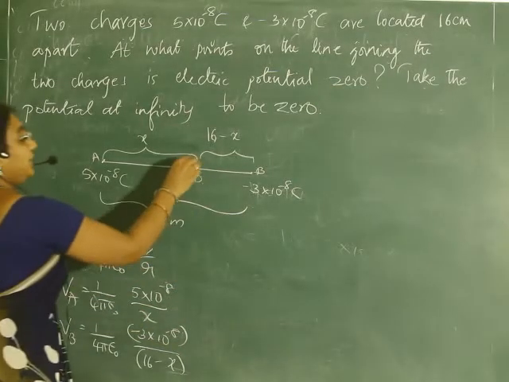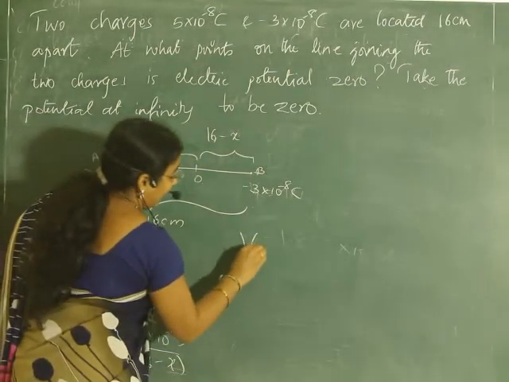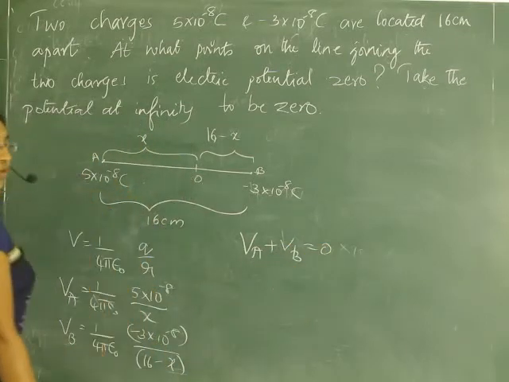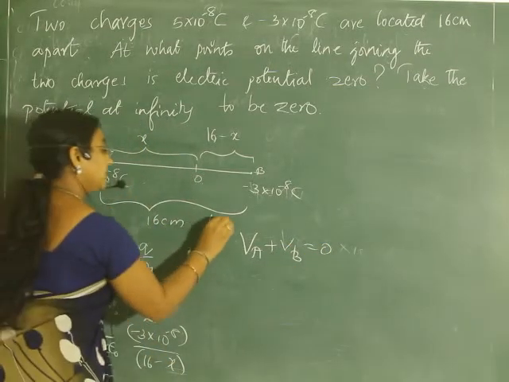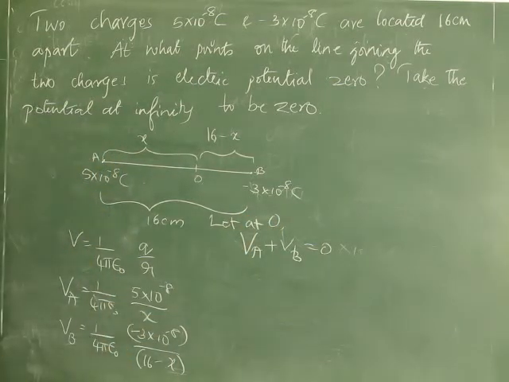At the point O, we have to say potential is 0. So VA plus VB is equal to 0 at O. Correct? So now if you substitute and calculate, I think you will get the answer.